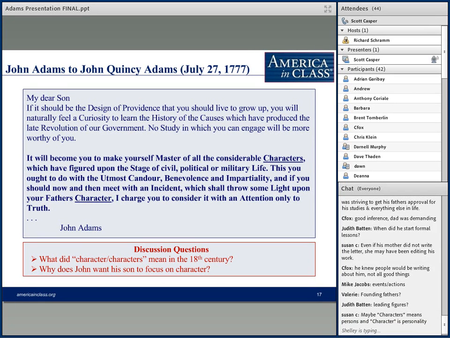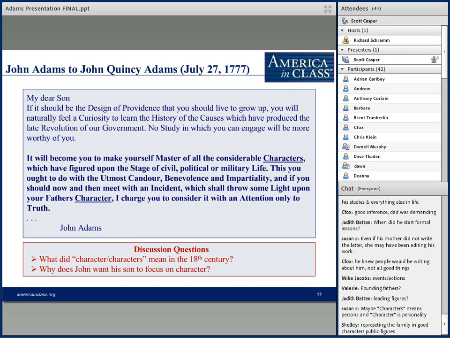In the 18th century, character was a much more public term than it is today in the 21st century. And what we see here in this letter is John Adams using the word character in two ways. The first, all the considerable characters which have figured upon the stage of civil, political, or military life.